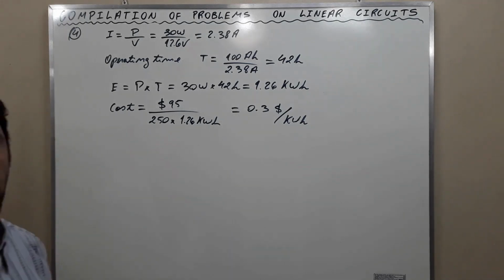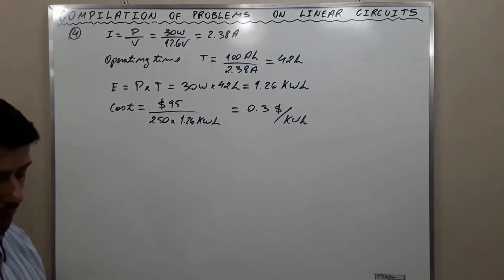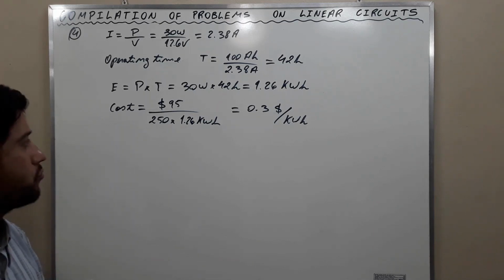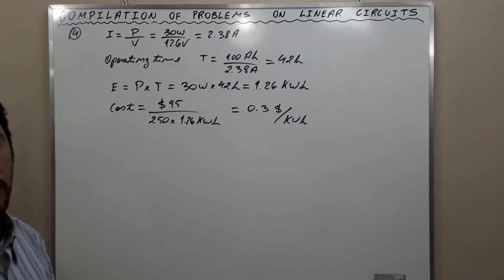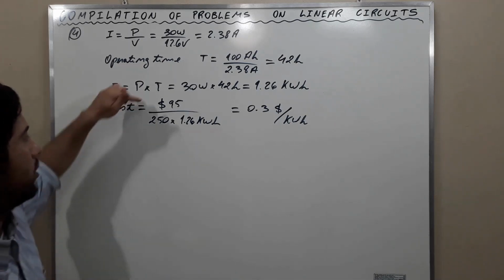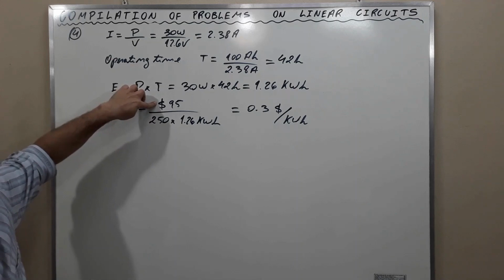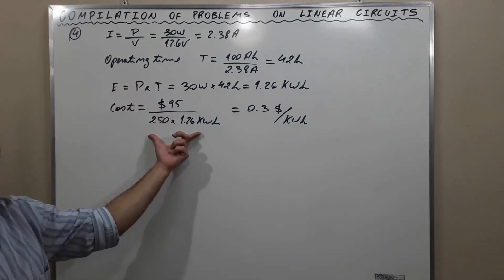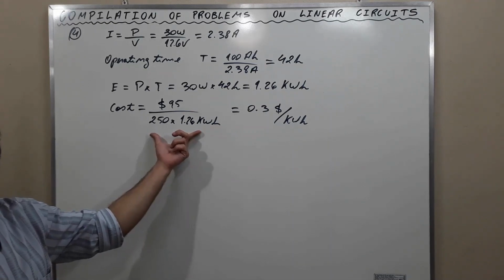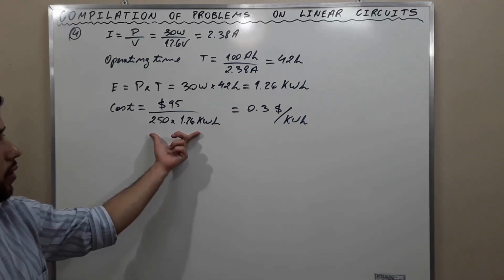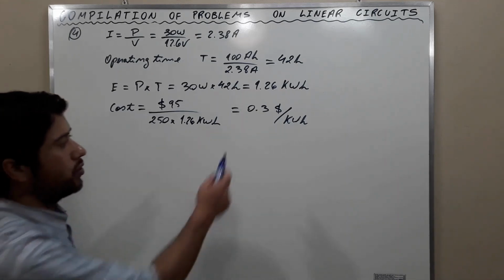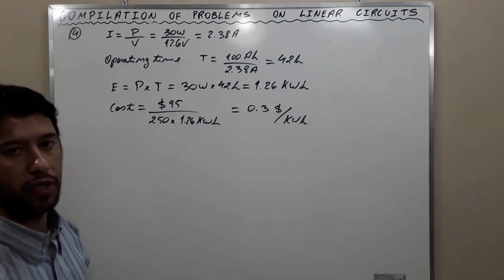And we do the same for every technology. This technology here is lead acid. We could have lithium ion and other battery technologies, and we divide the price of the equipment by the total energy that it is going to store in its service life. And for example, this technology is 0.3.